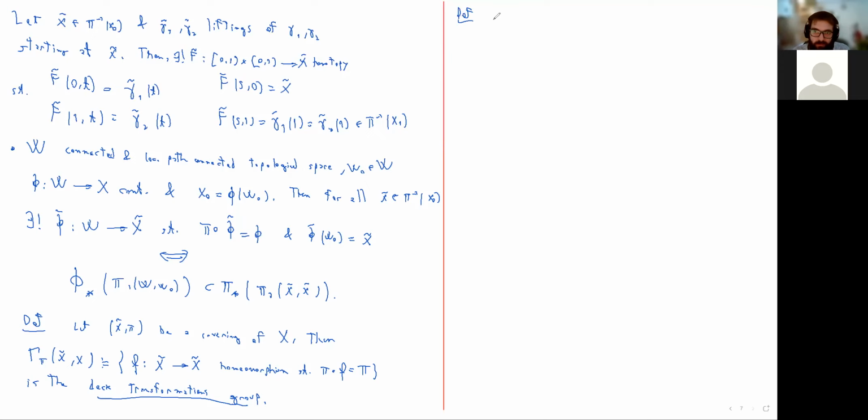And a definition: a covering of X is the universal covering if X tilde is simply connected. And again, I'll give you another exercise here if you don't remember this stuff.